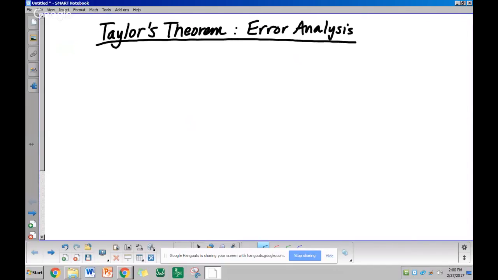So let's say I'm going to use this series here, 1 plus x plus x squared plus x to the third plus dot, dot, dot, plus x to the n plus dot, dot, dot. And I'm going to use this to equal.